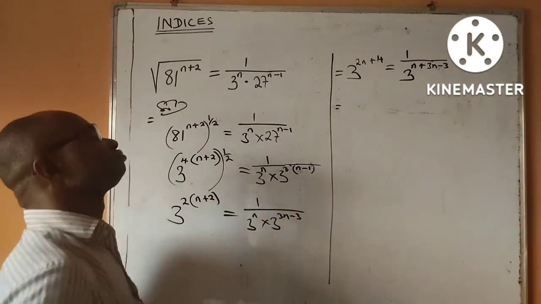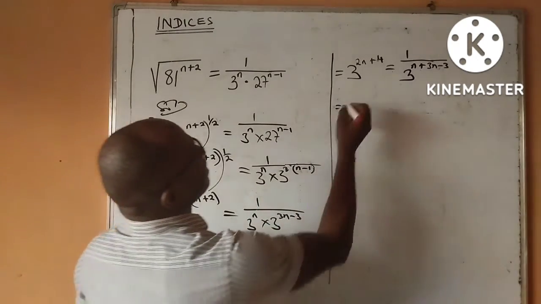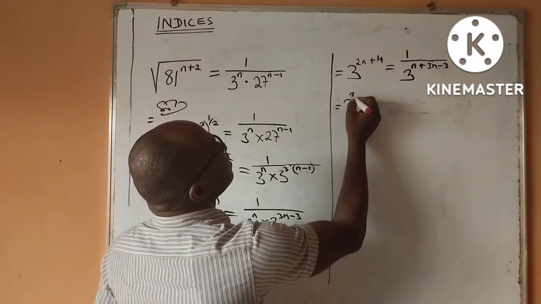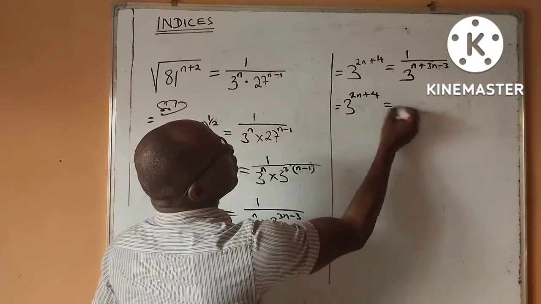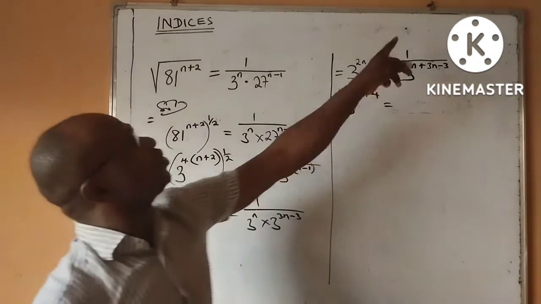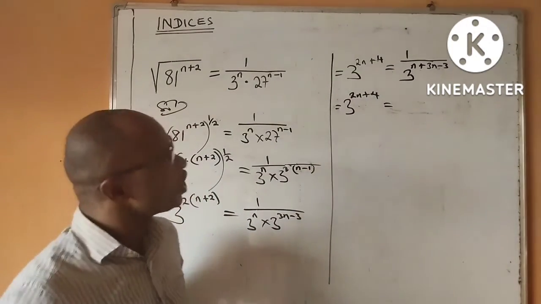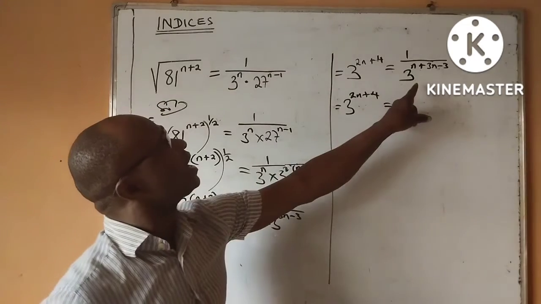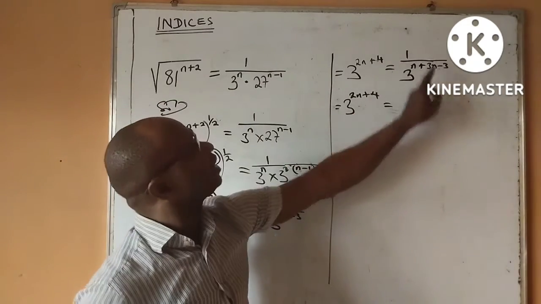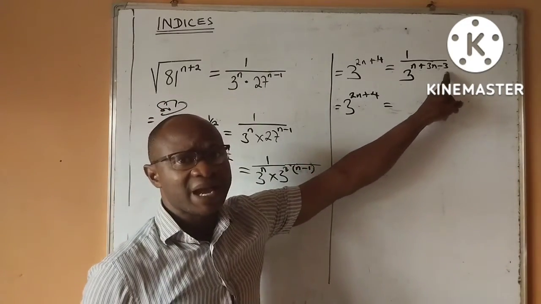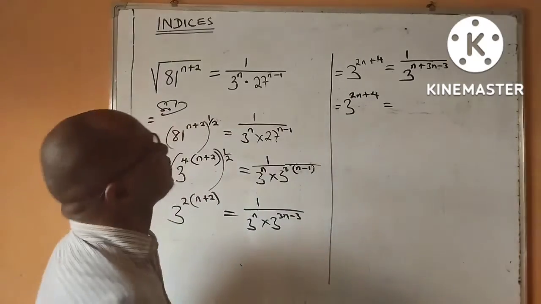Finally, or close to the end, we have 3 raised to the power 2n plus 4 equal to 1 over. I will apply the division law of indices. I will move this to the numerator, and everything on the power side will attract negative 1.